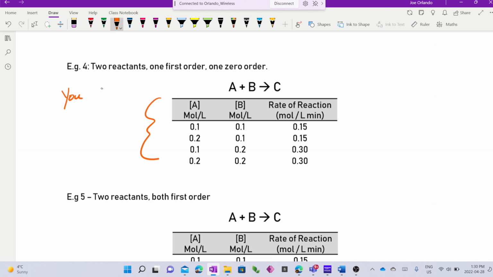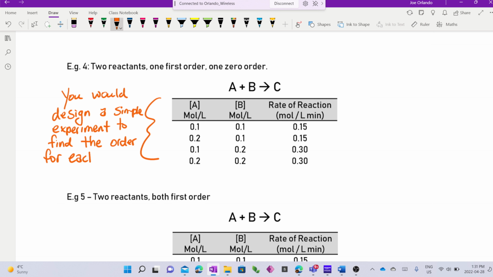You would design a simple experiment to find the order for each reactant. Because it is possible that only one of your reactants affects the rate. In fact, that's what we're going to find here. One of these reactants changes the rate of this reaction, and the other one does not.